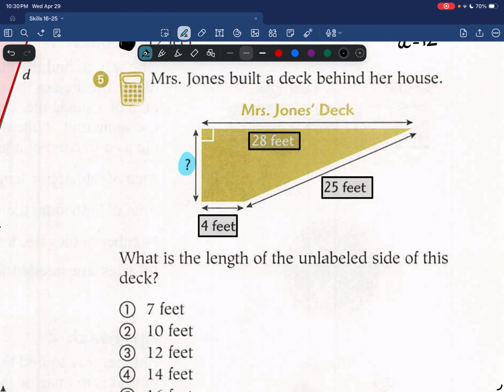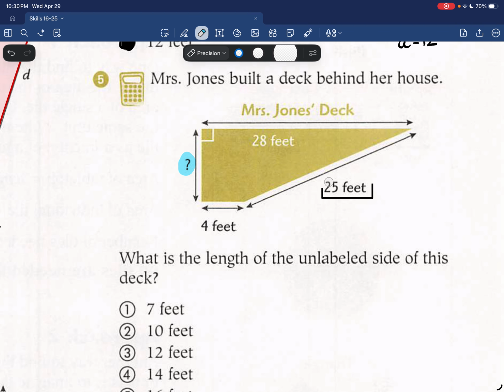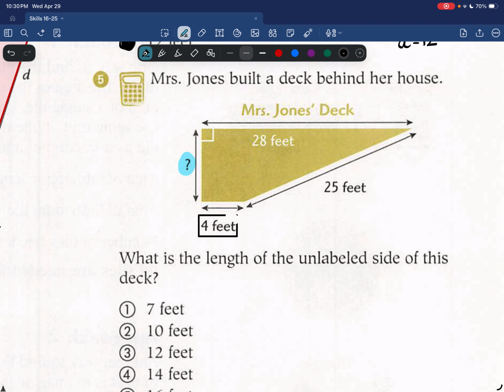But what if we did this? Let me erase that. What if I said, if I did from here to here, not that, that was crooked.